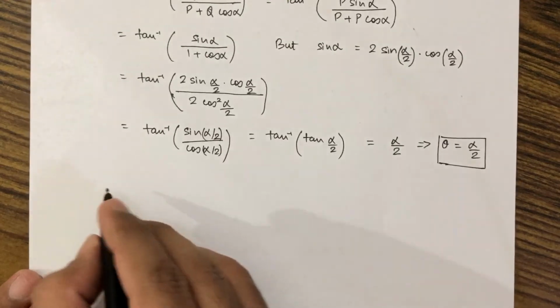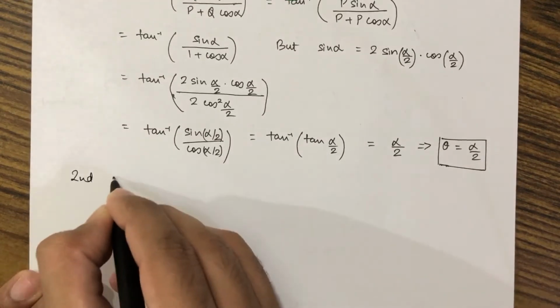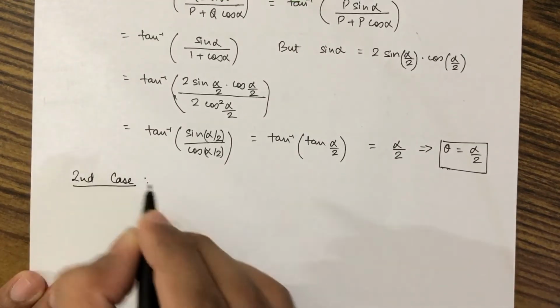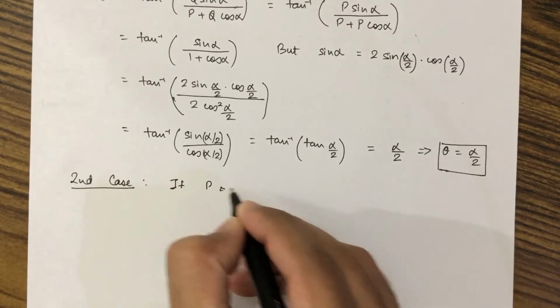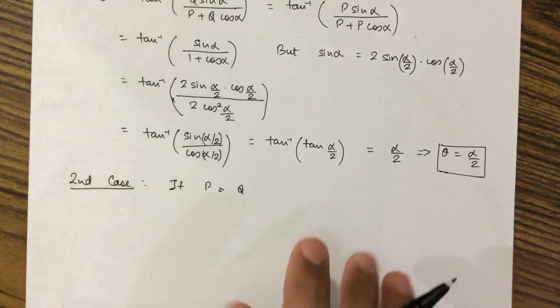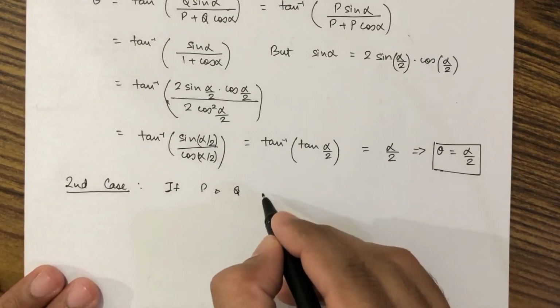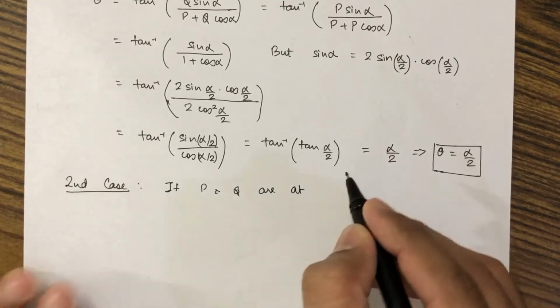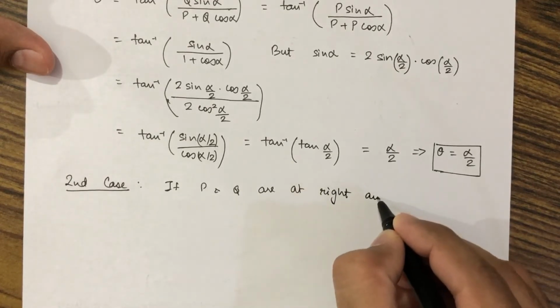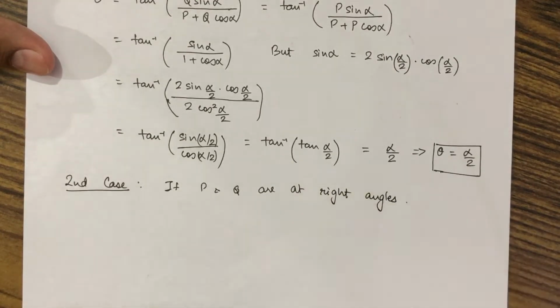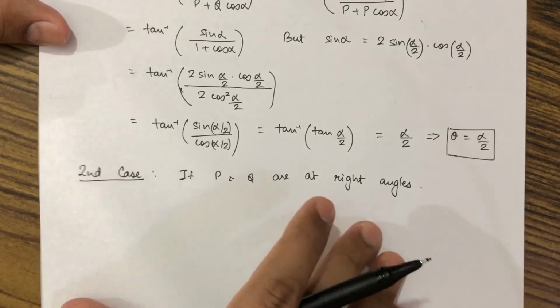As far as the second case is concerned, it says that if P and Q are at right angles to each other.